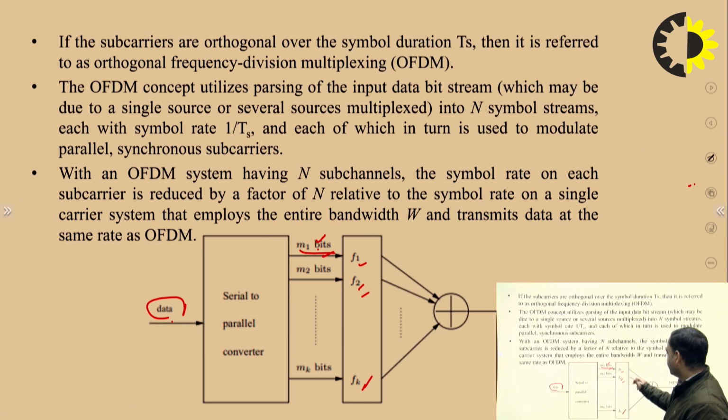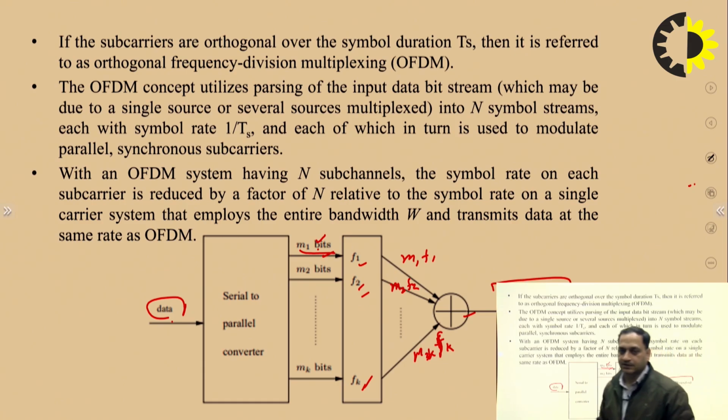Like F1 will modulate the M1 bits, F2 will modulate the M2 bits, and frequency FK will modulate the MK bits. After the modulation, we have signals like M1 times F1, M2 times F2, and MK times FK. These are combined at the summer, and this symbol is called the OFDMA symbol.